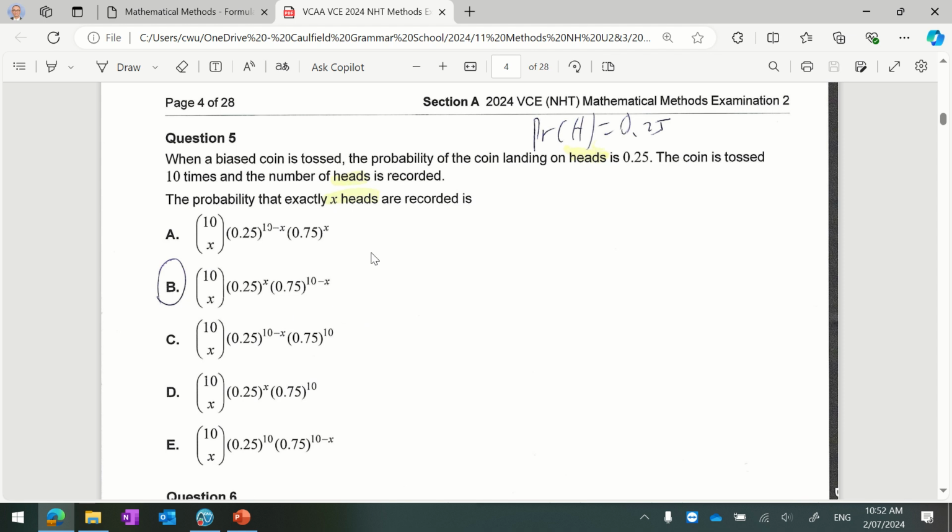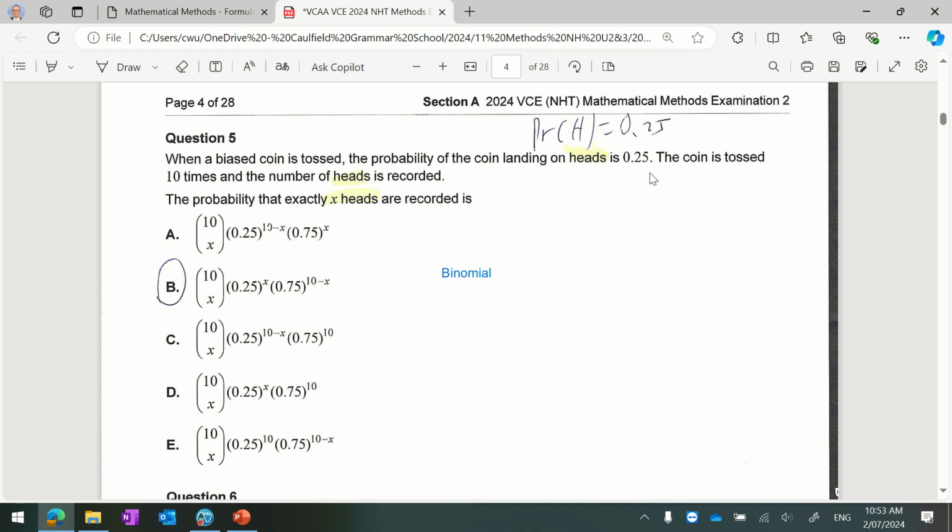So this is a classic question where it's not really asking you to find something with your calculator, as in you couldn't really just plug stuff into a calculator and get the answer, because it's asking for the formula itself, right? And then hopefully you realize this is a binomial situation, because you have two outcomes, you have a number of trials, you have 10 trials, and the probability of success and failure in each trial is the same.